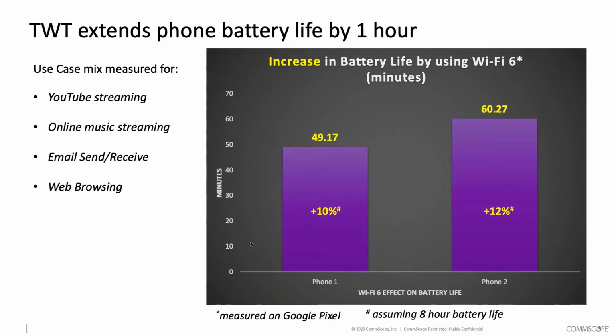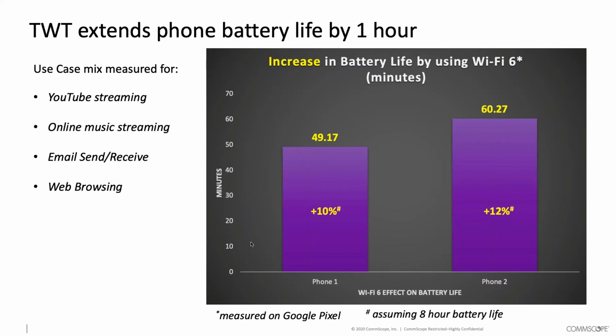The other thing, and something that we will see in real life as users, is that target wake time extends battery life. In our testing, this was done with a Google Pixel. We got two different phones. We got a 10% increase on one and 12% on the other, but it's about a 60-minute or 1 hour increase in time, right?